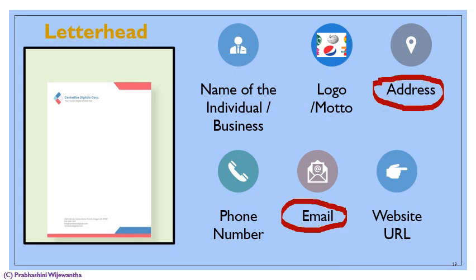And the letterhead of the company may have the website, the URL for the company website. Why all this information in the letterhead? Because in addition to the communication, companies use this as a mode of marketing or branding the company.